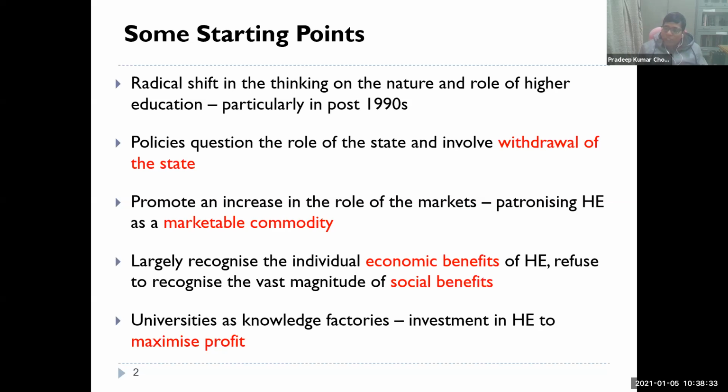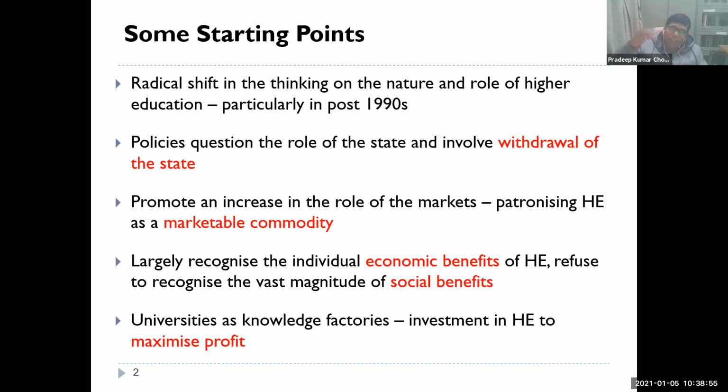I don't think I need to explain a lot, but still I will spend some time to say why it is so. After acceptance of the LPG policy in the country, there was a clear shifting of the provisioning of higher education, as well as education at large, towards the private sector.